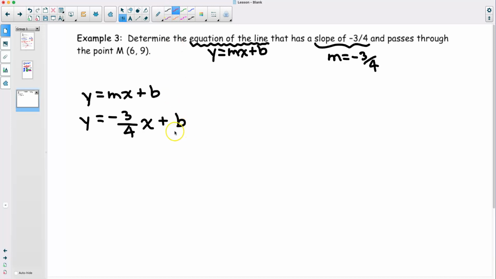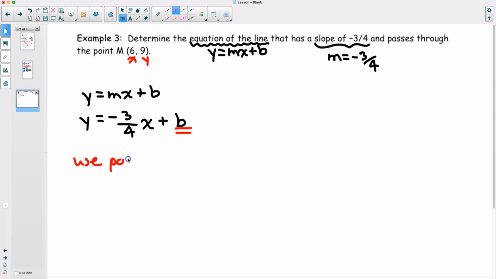Okay, so remember, the only thing that we're missing now is this intercept value. So what we're going to do is use the point that we're given, not for x1 and y1, simply for x and y, and substitute it into the appropriate spot.